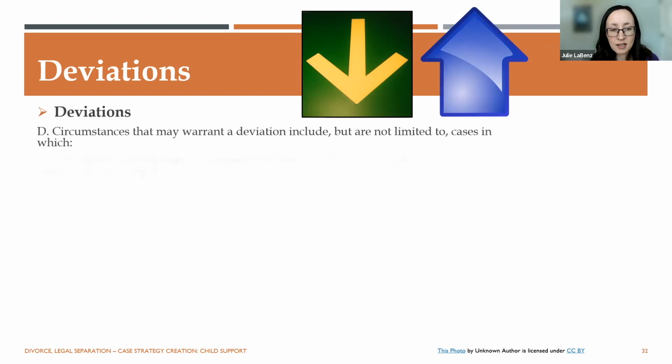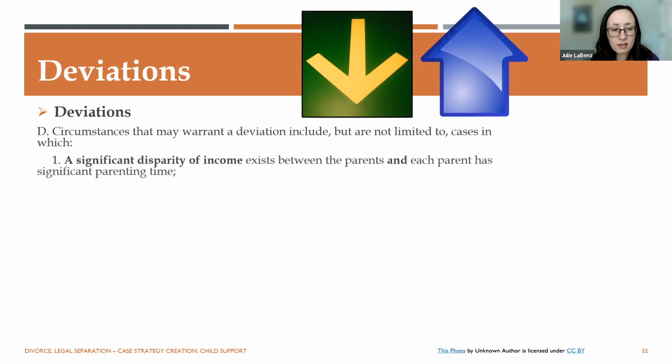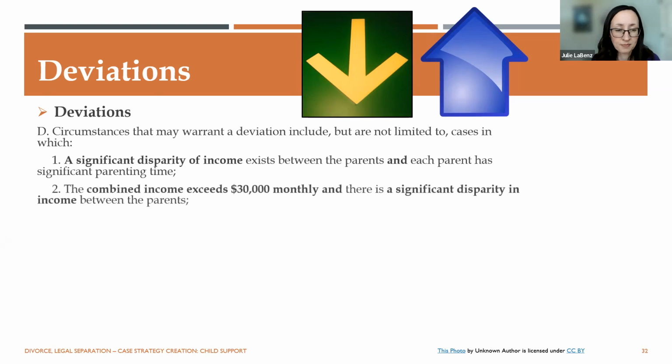Let's look at some circumstances that may warrant a deviation. And just to be clear, a deviation means taking the child support calculation amount and either increasing or decreasing it to a certain amount. So a deviation could be warranted if there's a significant disparity of income and each parent has significant parenting time. The combined income exceeds $30,000 per month, and there is a significant disparity in income between the parents.